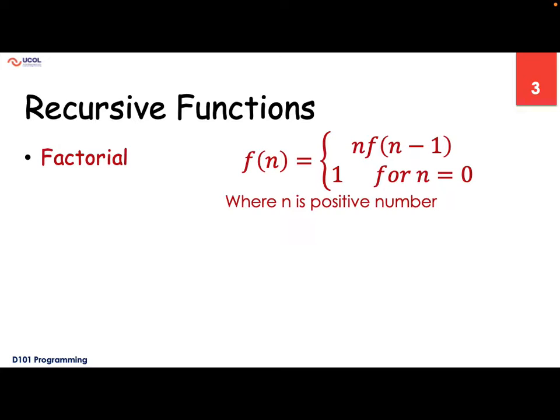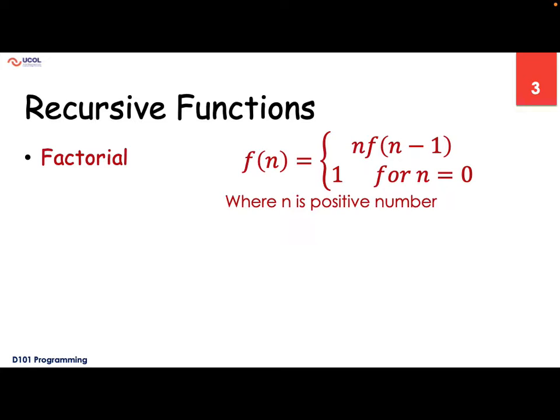You know, 3 factorial means 3 multiplied by 2 multiplied by 1. Understand? So this is a mathematical way to write that particular factorial in the mathematical language, where n is a positive number.